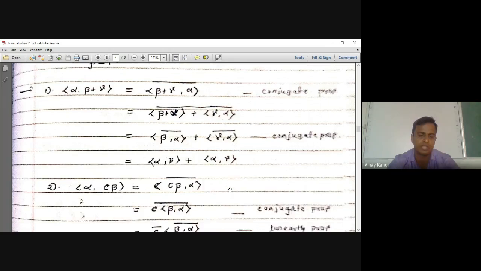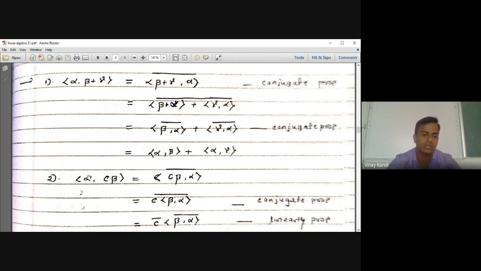Now, the second property. What we have: inner product of alpha and c beta is equal to, by conjugate property, inner product of c beta and alpha, whole bar. Which is equal to, by linearity property, sorry, linearity property is there, not conjugate property.